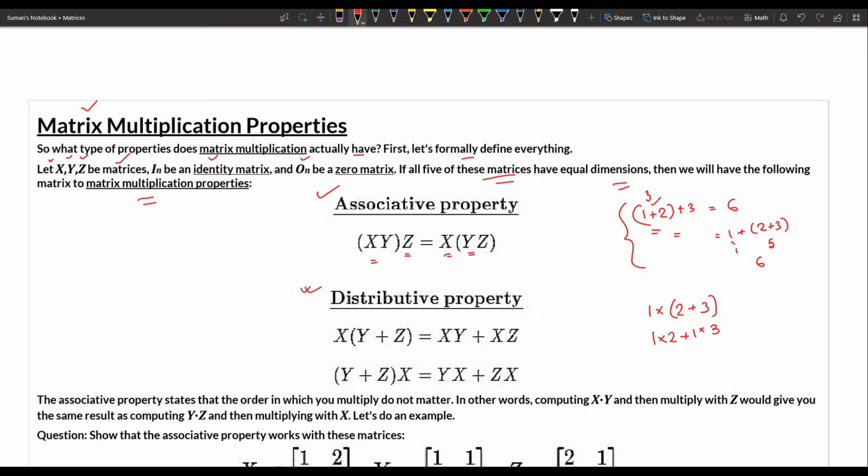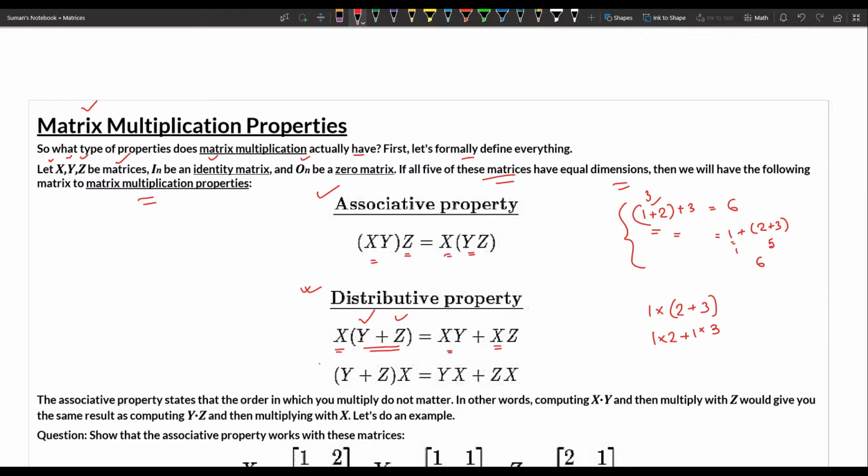We have three matrices X, Y and Z. At first we add Y and Z, with X on the left hand of Y plus Z. So X into Y plus X into Z, that means X is distributed with Y and Z.